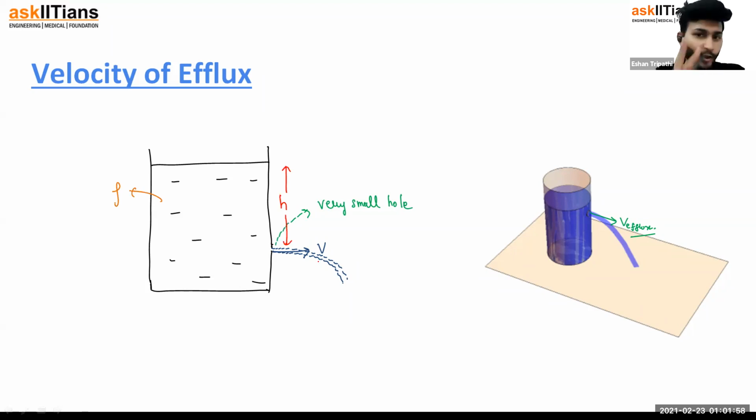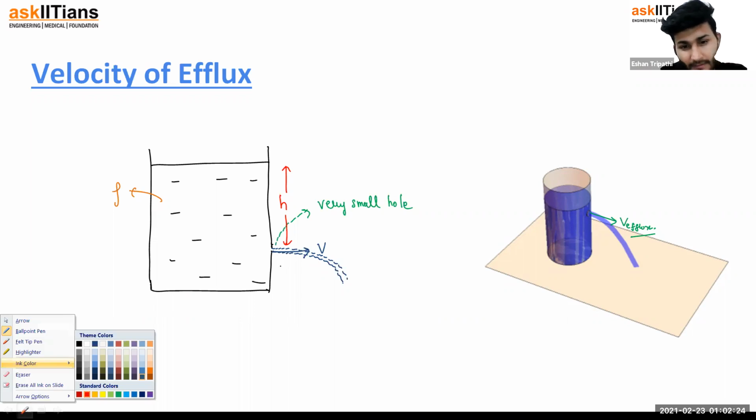So again, since we're using Bernoulli, we need 2 points over which we consider the equation. What are the 2 points of which you know everything or you need to find things? The first point will be the point at which you're finding speed. So can I say one point is going to be the liquid which has come out of the container?